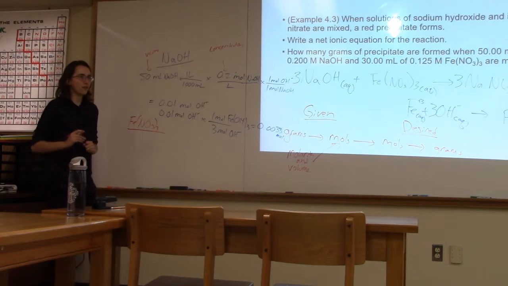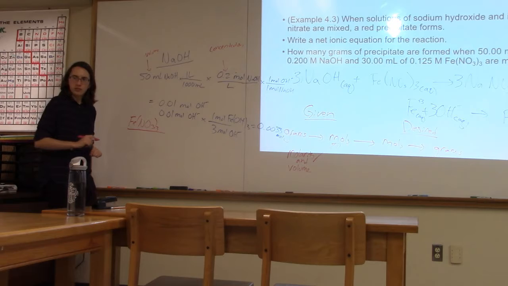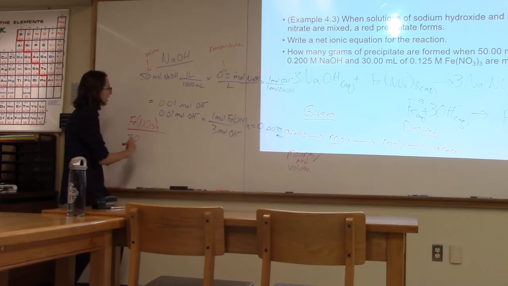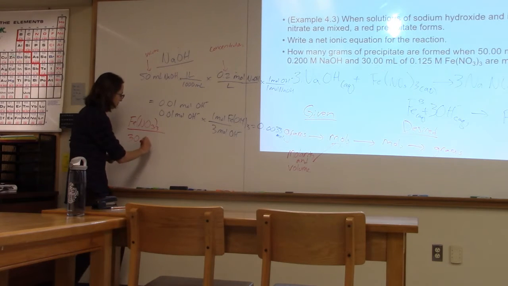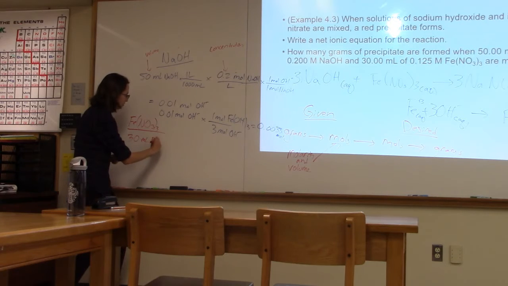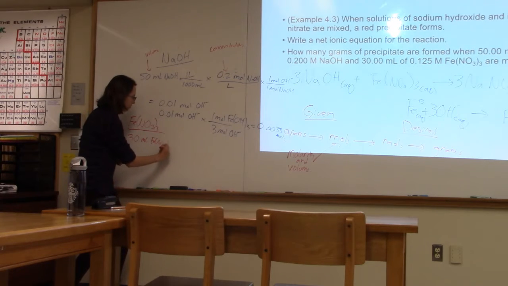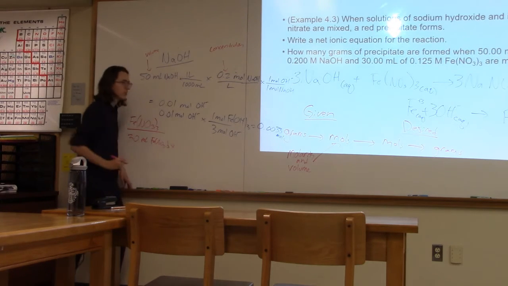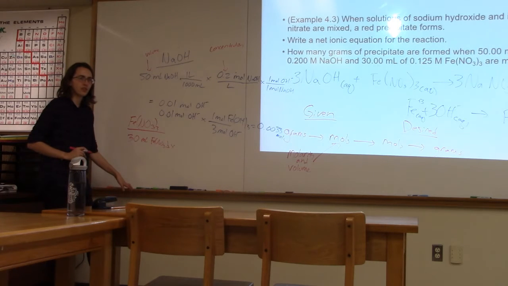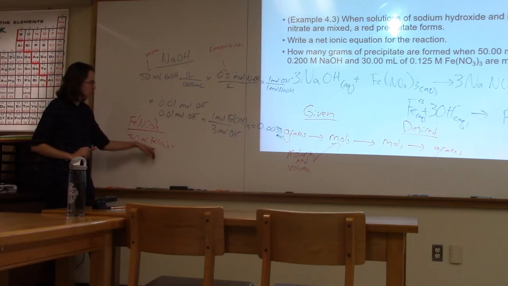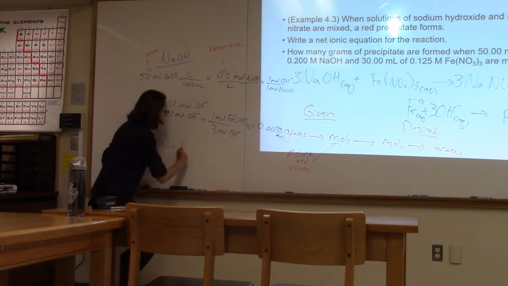What am I going to write first? 30 milliliters, because that is how much of it I have. Times. I've got it in milliliters. You want to put it to liters? I want to put it to liters. 0.03.